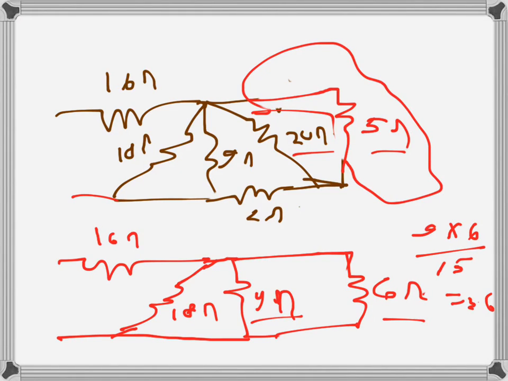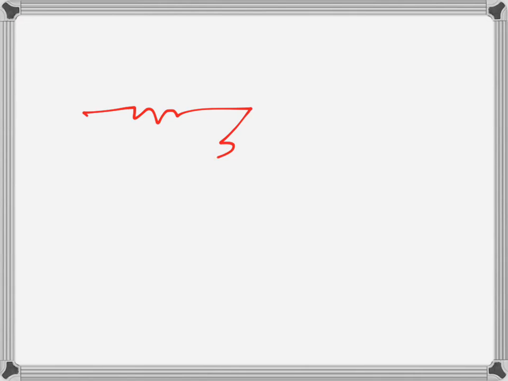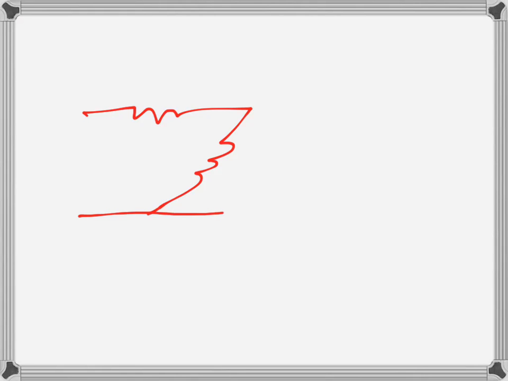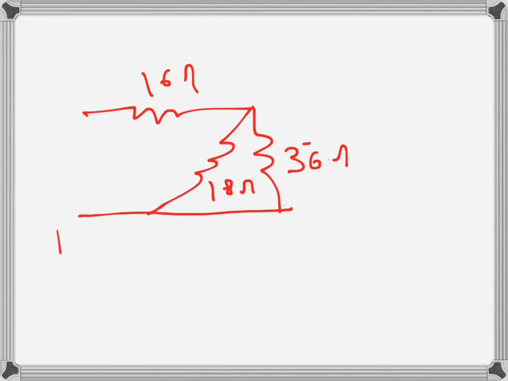So what we have now is 16 ohms there, 18 ohms there, and the equivalent is 3.6 ohms there. So 3.6 ohms, 18 ohms and 16 ohms. So this is the resistance that we want to find.